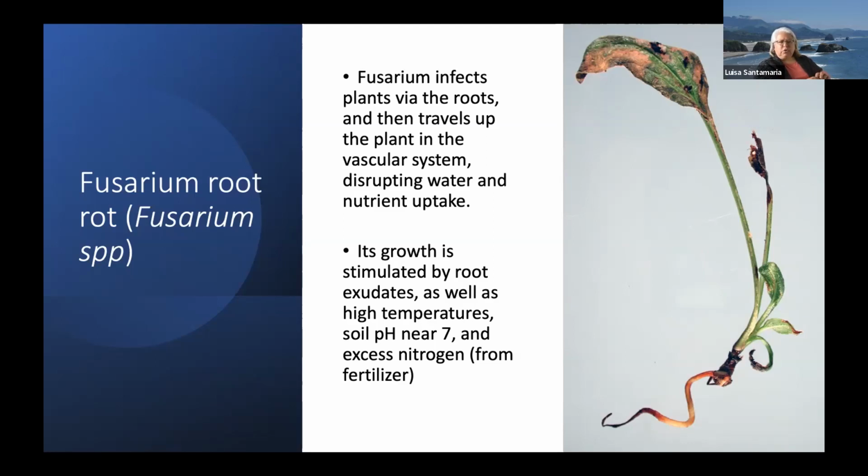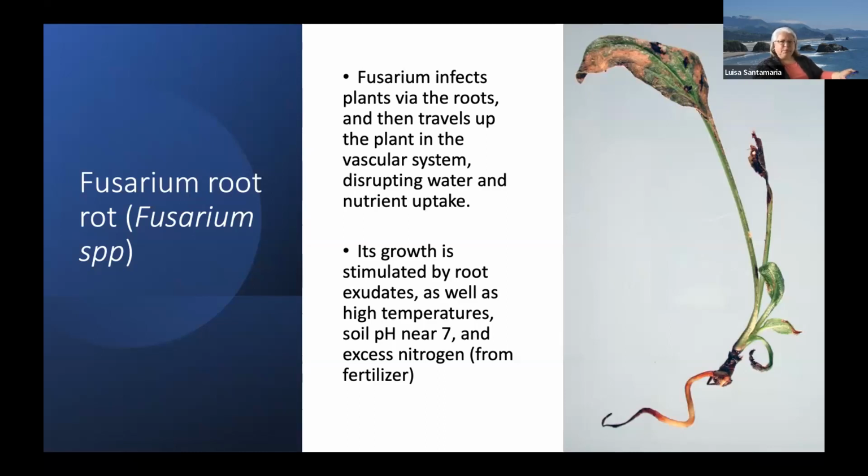As I said, high temperatures favor this pathogen's survival, and pH up to 7 is usually a good environment for them. When we fertilize, we always think about nitrogen. Nitrogen could make the plants grow, but also make them prone to other diseases, and the excess of nitrogen in the soil could also help the prevalence of some pathogens.